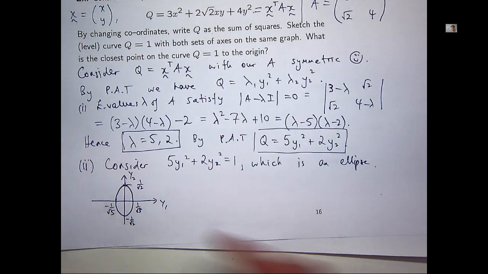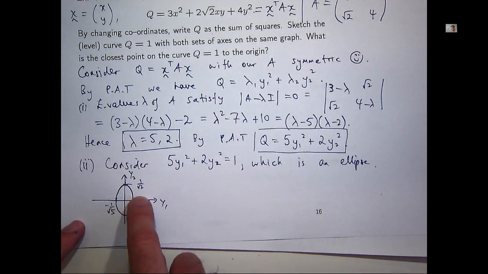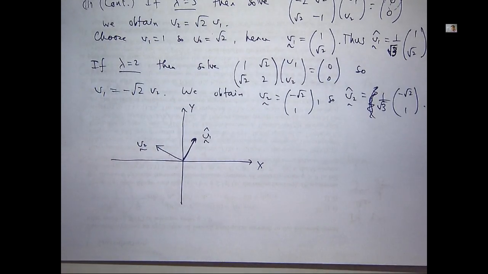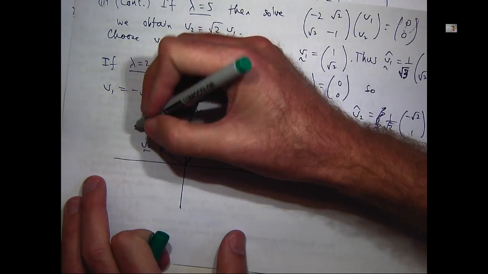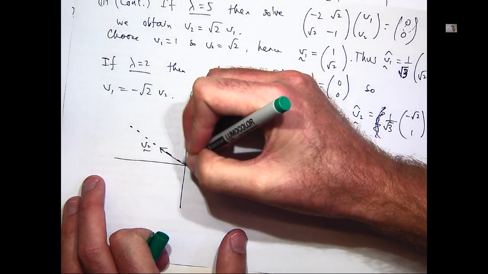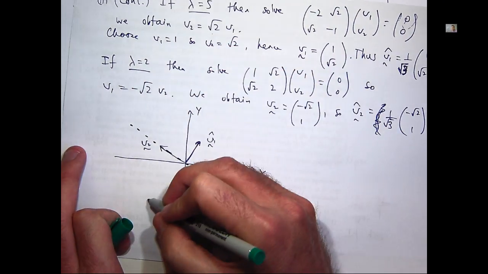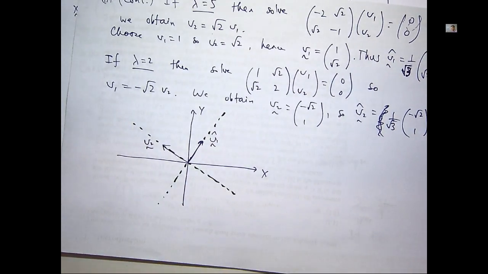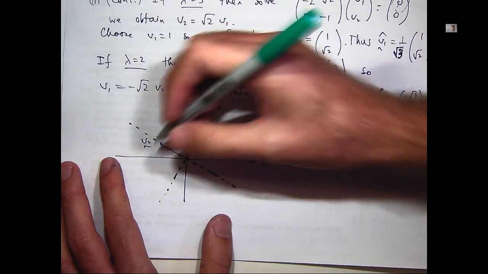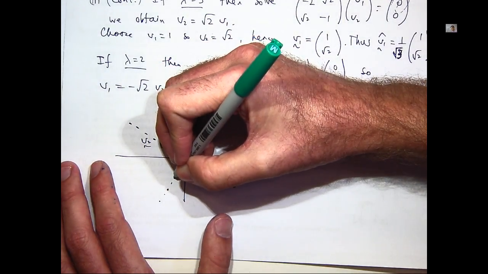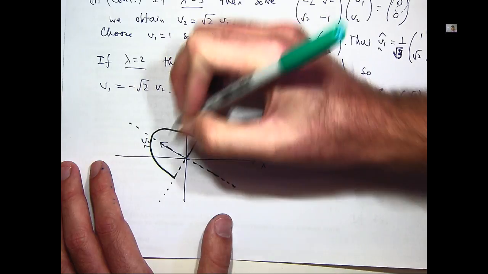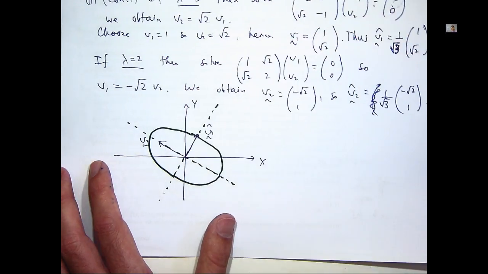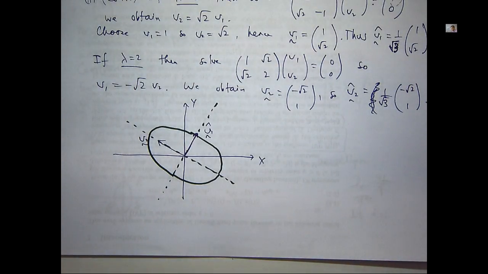Think of a vector going along this axis, v1, and along this axis, v2. So if I sketch in my axes associated with these eigenvectors, and let's say I'm just going to draw in my ellipse.